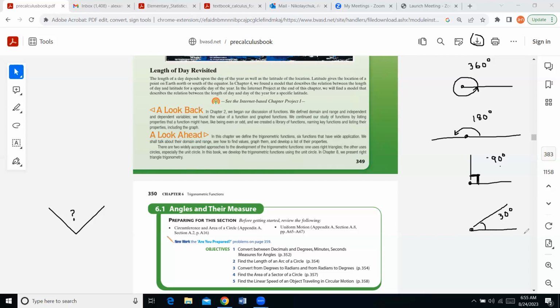It turns out that angles also may come with the negative sign. In fact, we can rotate by 30 degrees counterclockwise, but we could also rotate by 30 degrees clockwise.